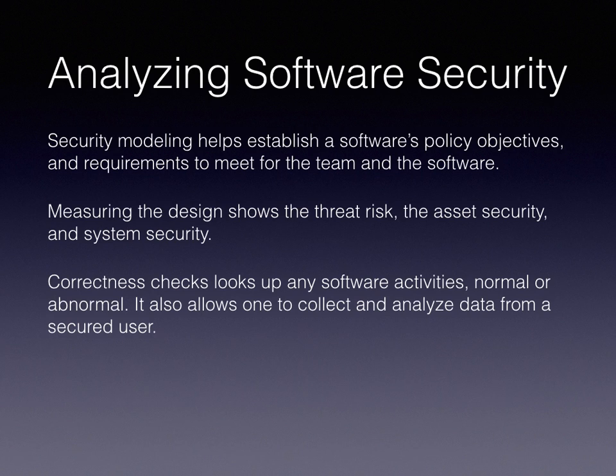Correctness checks look over and analyze data to check for any unusual activity that may indicate that something is trying to get into the system. And by checking it, they can take steps to prevent that threat from coming into the system and corrupting it.